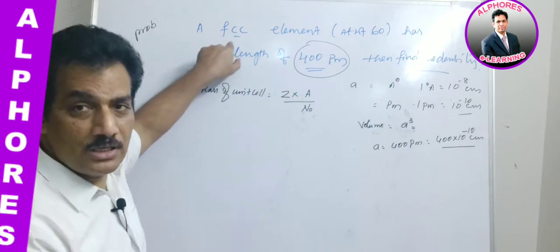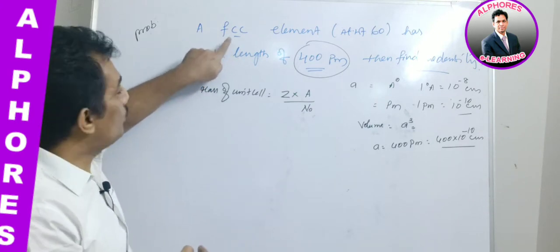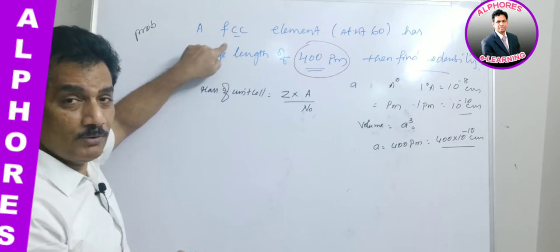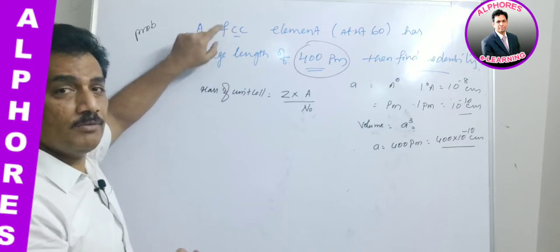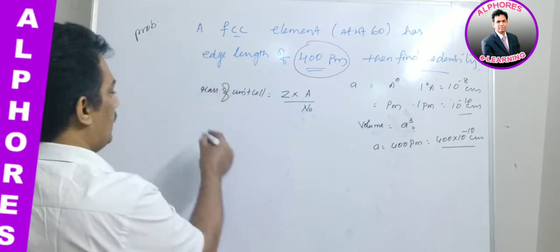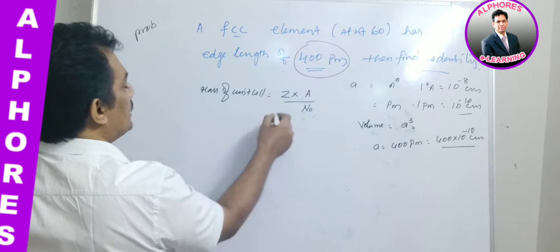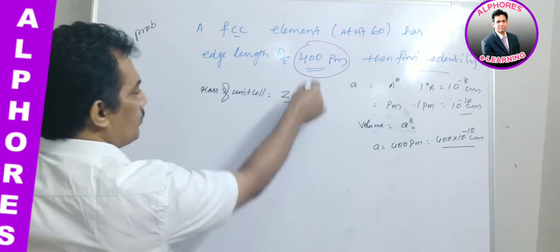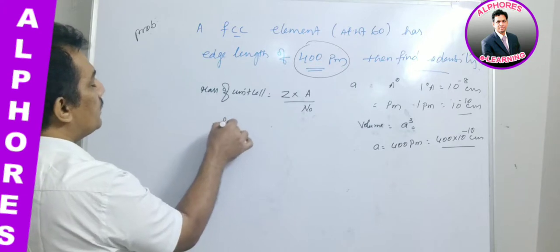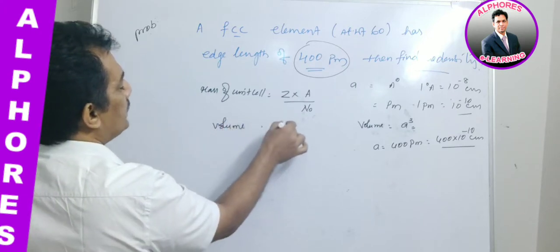It is FCC. Can you recollect what the Z value for FCC is? FCC, face centered cubic, Z value is 4. Thereby the mass of the unit cell is 4 into atomic mass by N naught. And now the volume is already given as A cube.